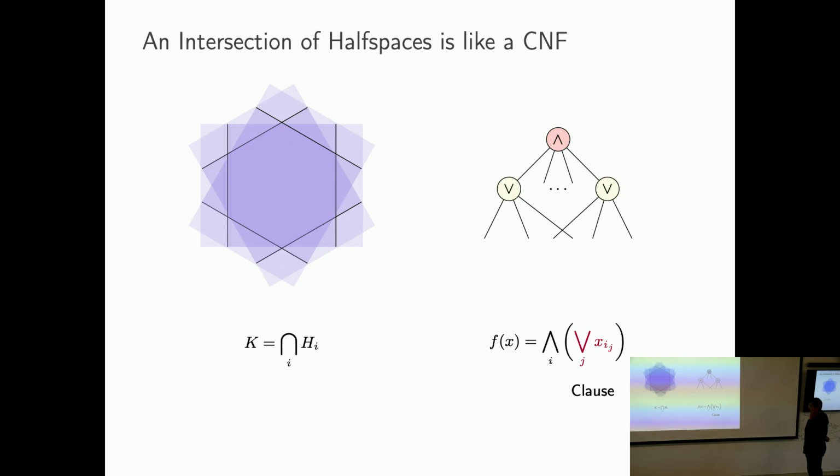So you can ask this approximation question, approximating convex sets by intersections of half spaces. You can ask a Boolean analog of this question, which is approximating Boolean functions by depth two AND of OR circuits. These circuits are called CNFs, conjunctive normal forms.